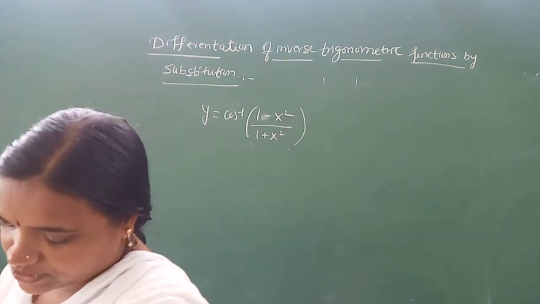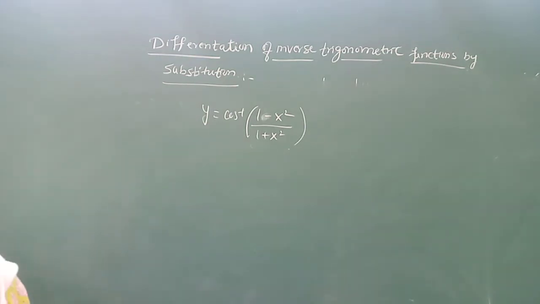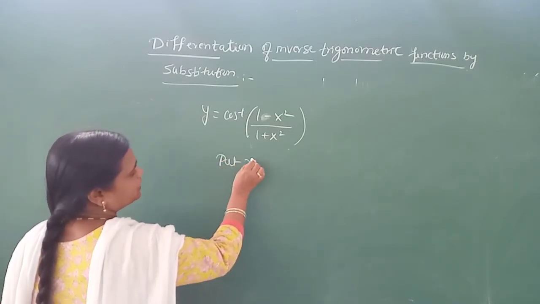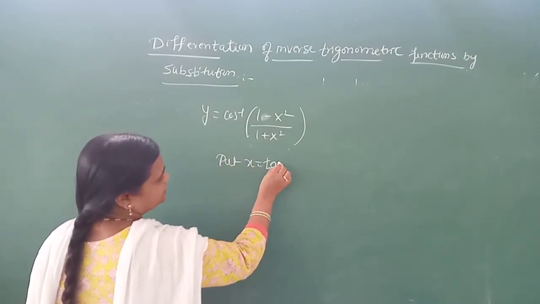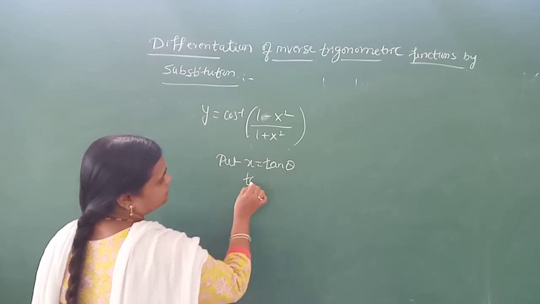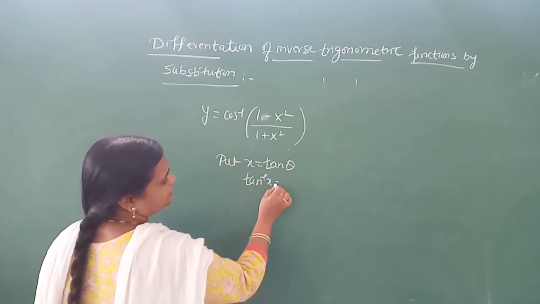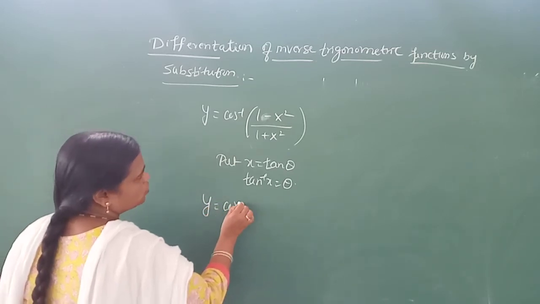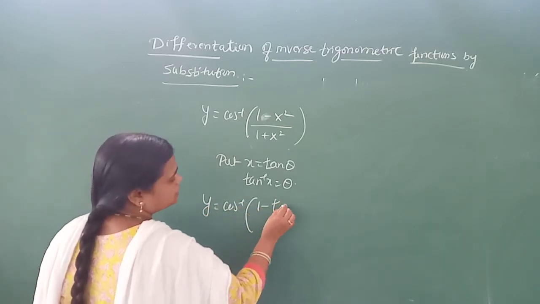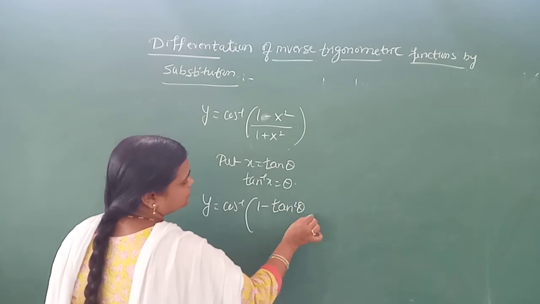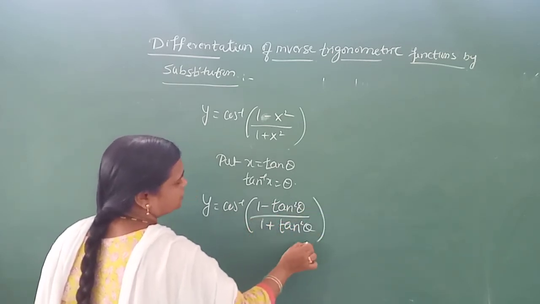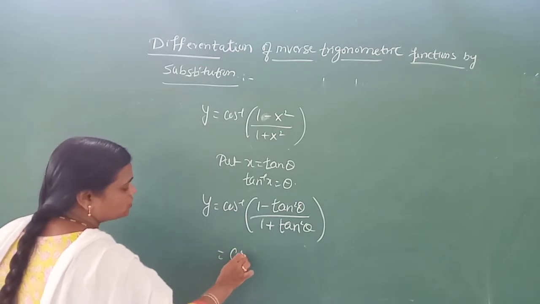As you see, put x equal to tan theta, and tan inverse x is theta. Then we get y is equal to cos inverse of 1 minus tan square theta divided by 1 plus tan square theta.